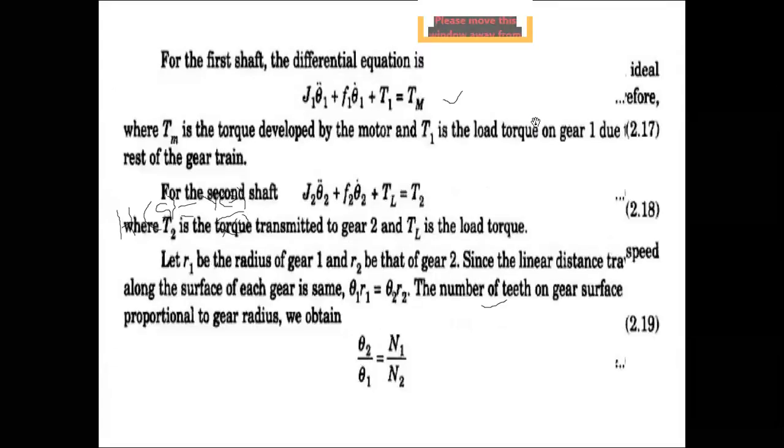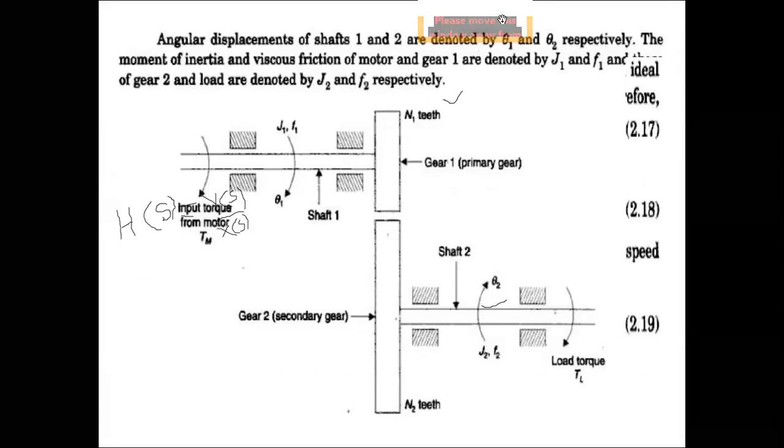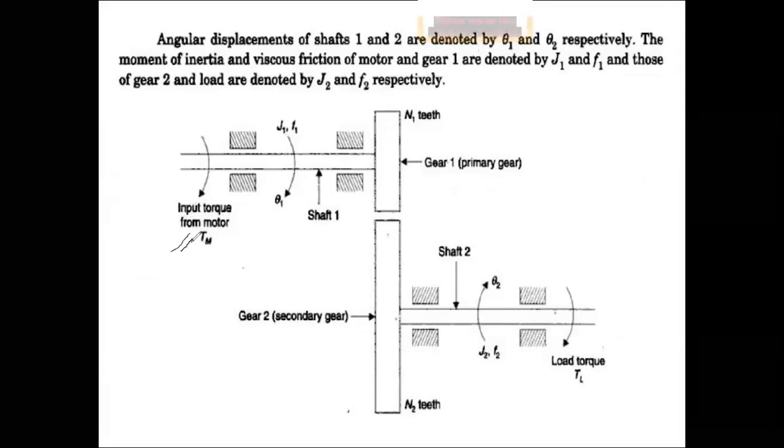I'm showing the diagram. Here, what is the input? This torque TM, right? If it is varying with respect to time, let me call it Tm of t. What is the output you are going to get? Angular displacement, right? Rotation, right?